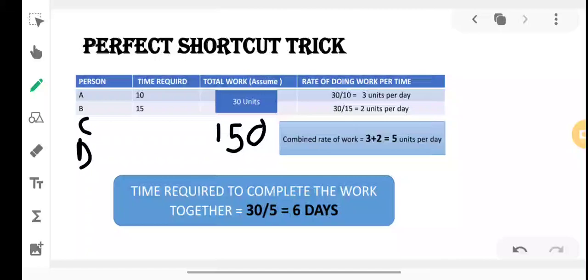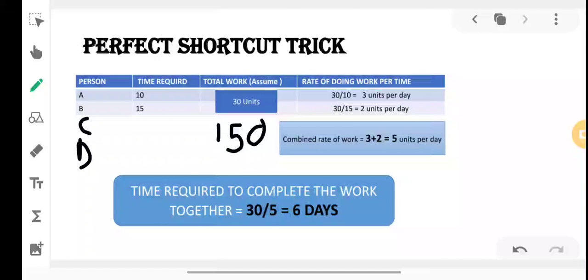150 chairs need to be manufactured by A. But first I'll tell you the solution for 30 units, and then I'll explain how we can assume any number as our work and still the solution remains the same.